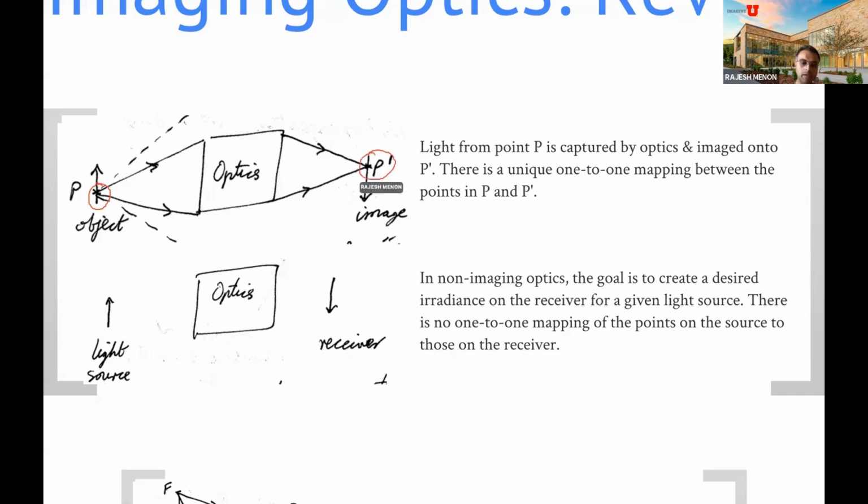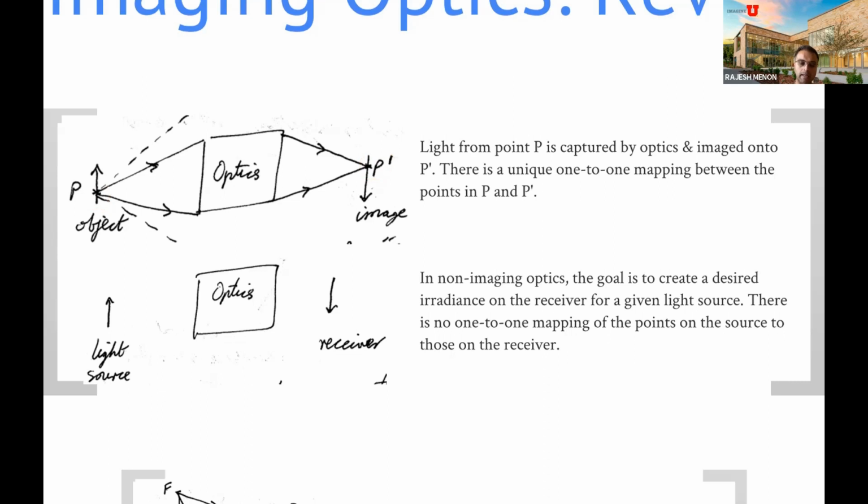point P prime on the image, and no other point in an ideal imaging system. In other words, P does not go into 2 or more points. It only goes to 1 point. So that's a one-to-one mapping, and that's a fundamental property of imaging systems, and of course, ideal imaging systems, as we'll see shortly.